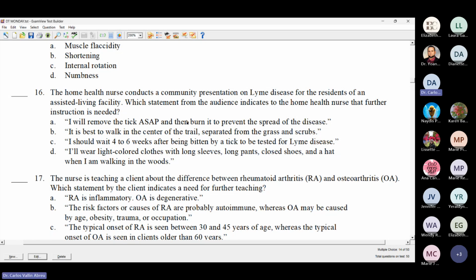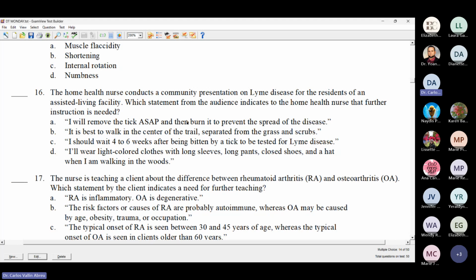C, I should wait 4 to 6 weeks after being bitten by a tick to be tested for Lyme disease. It is true. There is a blood test that tells the doctor if you have been infected by the bacteria, the Borrelia, that produces the Lyme disease. But it is a test that detects the production of antibodies by your body against the bacteria.